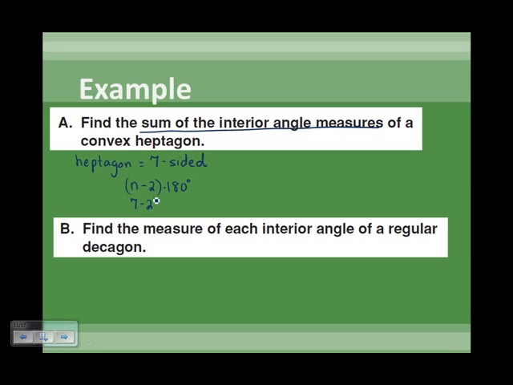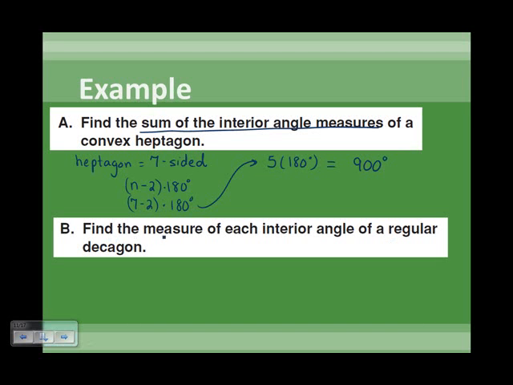So 7 minus 2 times 180, I'm going to bring my calculation up here, which is 5 times 180, which turns out to be 900 degrees. So if it is a convex heptagon, all of the interior angles will add up to 900 degrees.